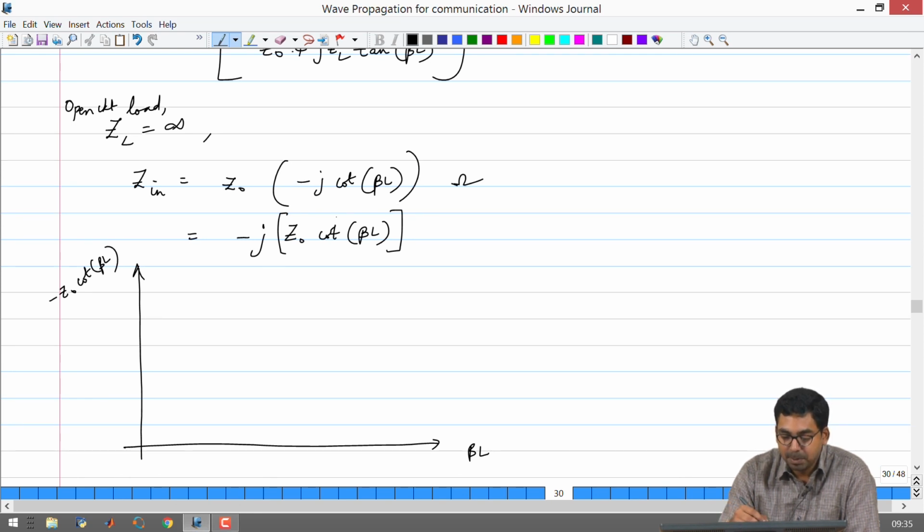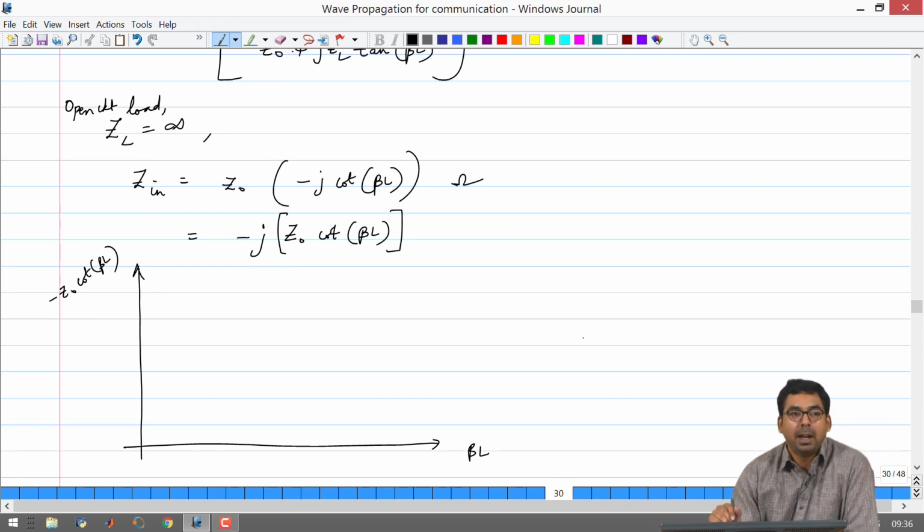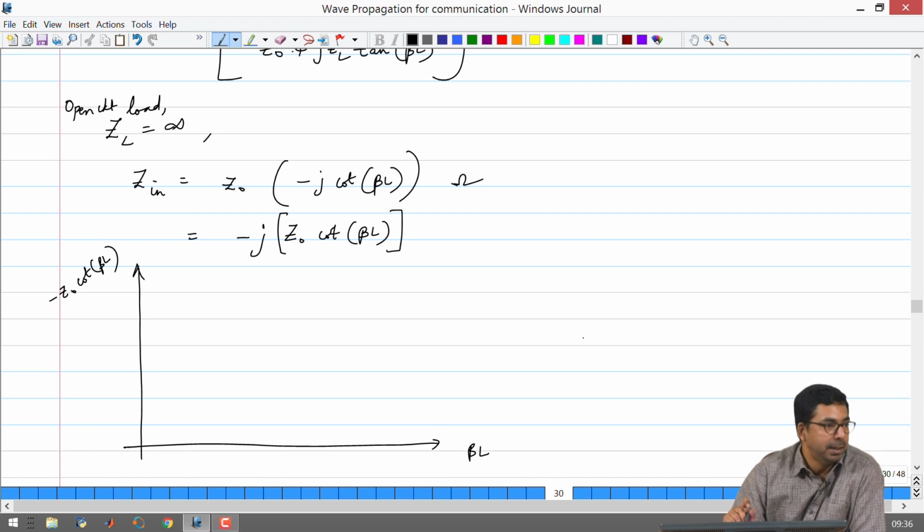It is also possible, because it is a cotangent beta L, that it passes through zeros. There is quite a possibility that your Zin will look like a 0 or a short circuit. So, it can go from minus infinity to plus infinity passing through 0. So, a section of the transmission line can have a variety of impedances depending on its electrical length.